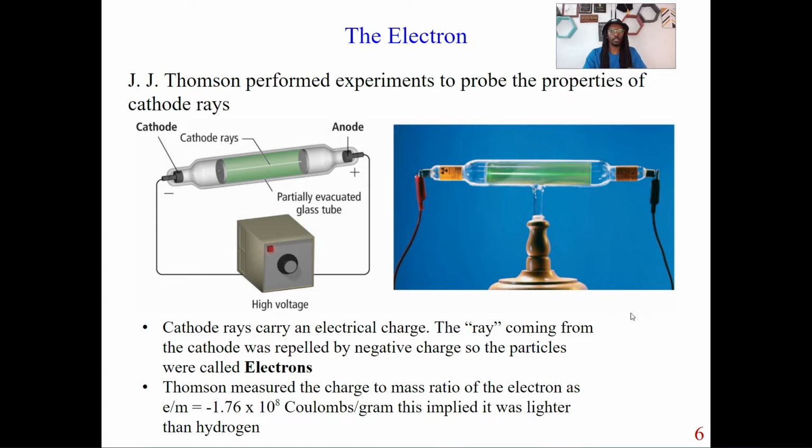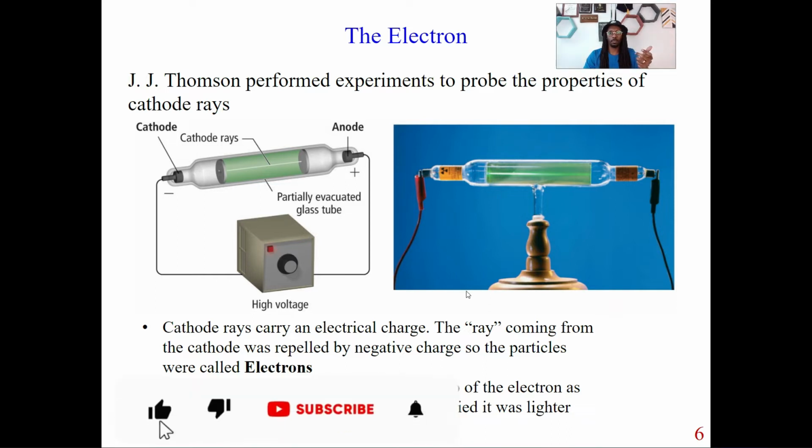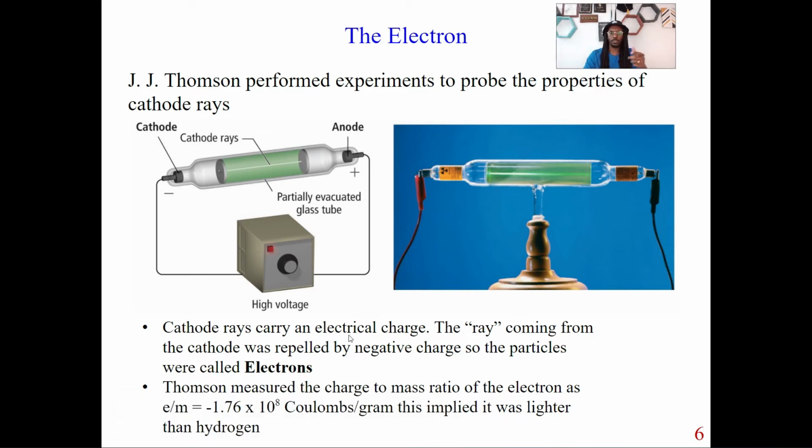We're just going to cover a couple of things on this. Just to sum up, when Thompson was doing these experiments, he realized that these rays going back and forth had an electrical charge. That's what we ultimately found out thanks to the scientific process.